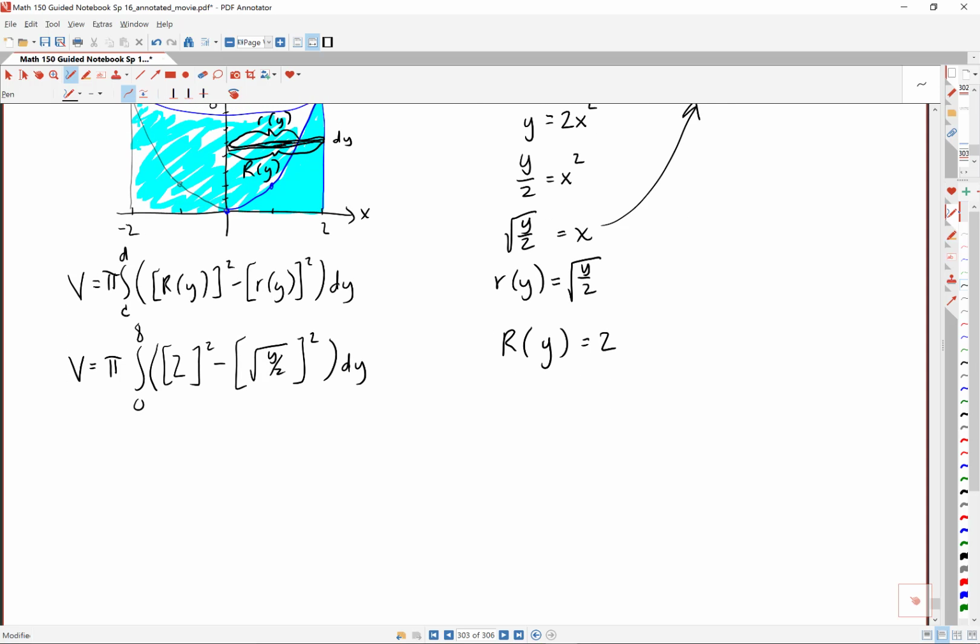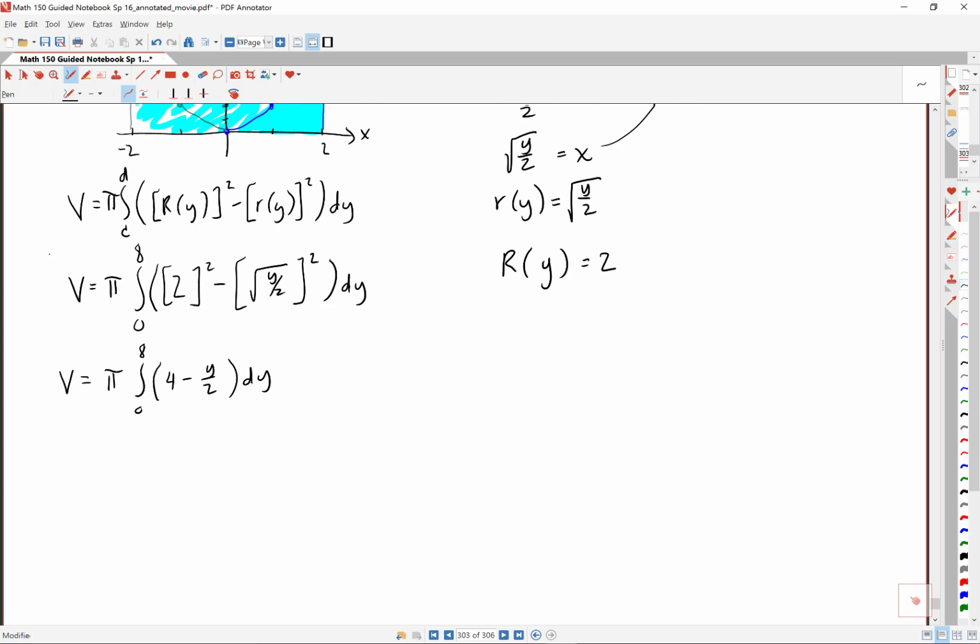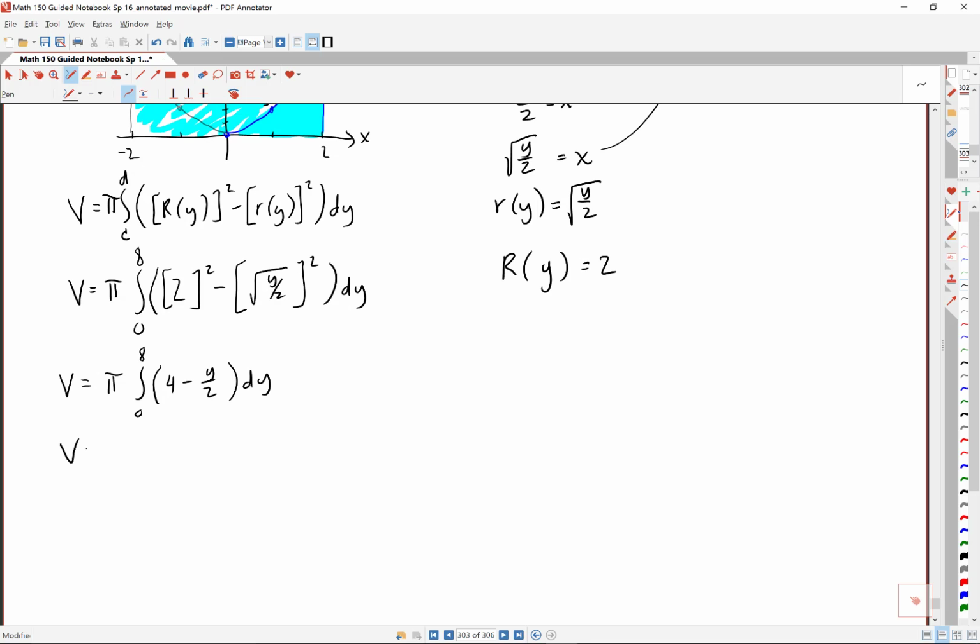So we'll get our volume is pi times the integral from 0 to 8 of 4 minus y over 2 with respect to y. And then we'll have the volume is pi times 4y minus, it'll end up being y squared over 4, and we're evaluating that from y is 0 to y is 8.